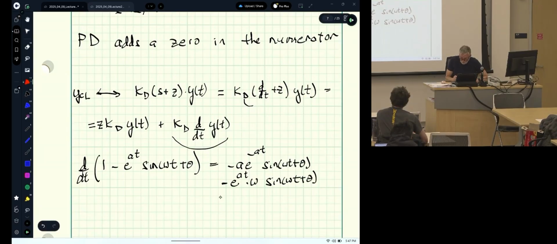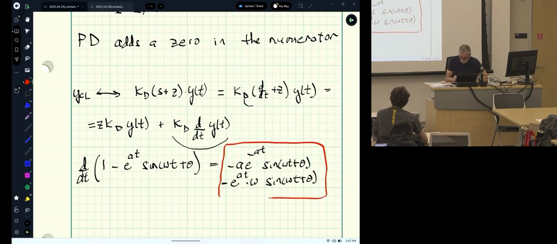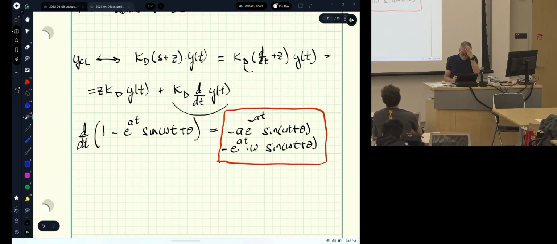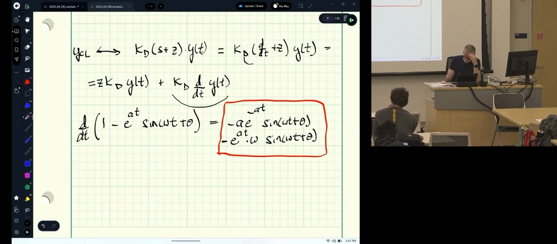Okay, so we have these two extra terms in the output that come from the zero of the PD controller being in the forward path. And so the output is no longer a standard second order system. It's the standard second order system plus this term, and that's causing the offset and the additional oscillations.